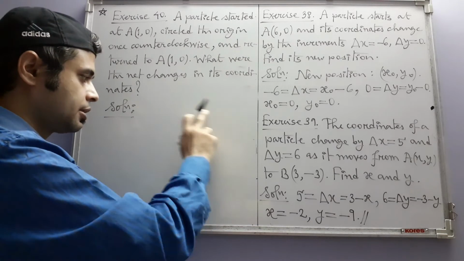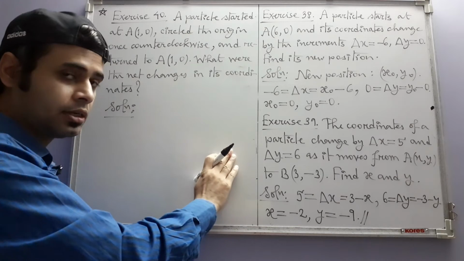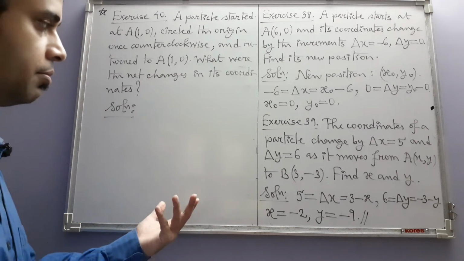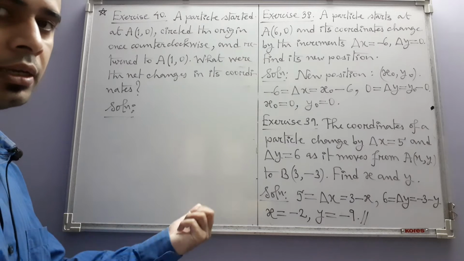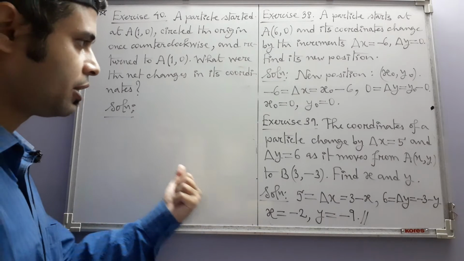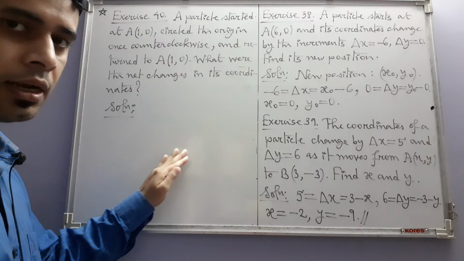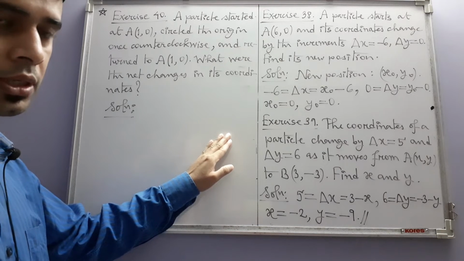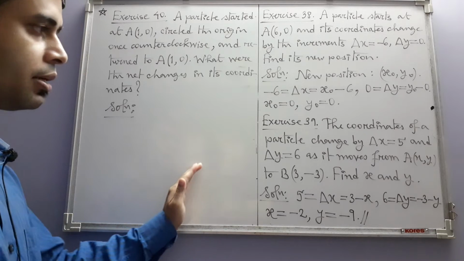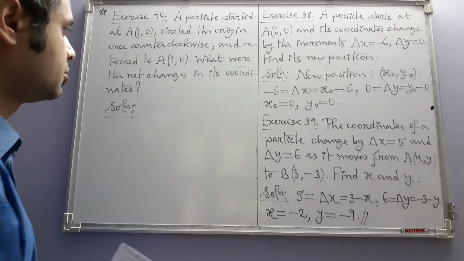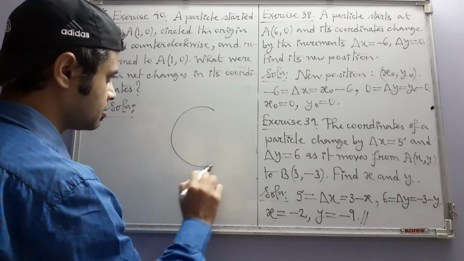This exercise again brings back that one point that we talked about while discussing increments, that the increment in the x and y coordinates of a particle's position depends only on the initial and final position and not how the particle makes the journey from one point to another point. So here what is happening is this.